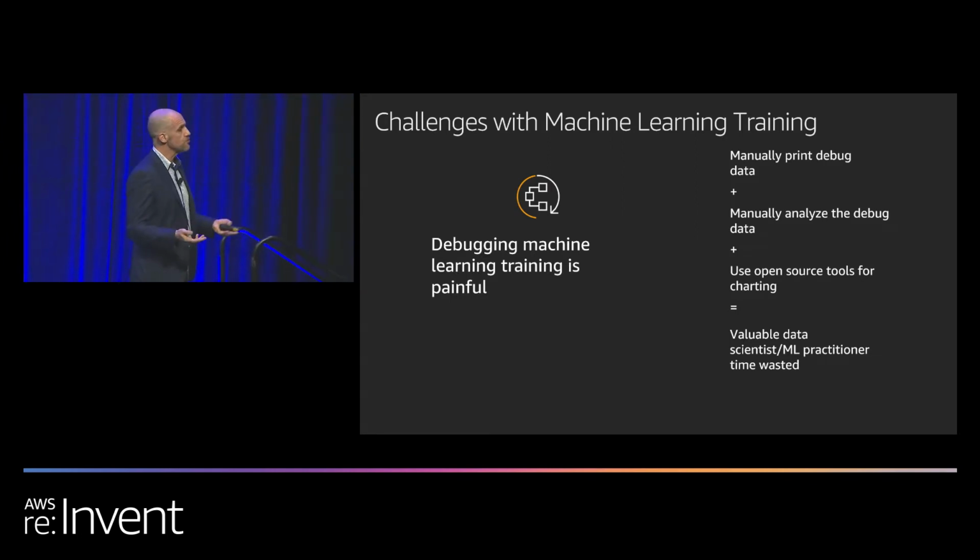You can use tools for charting and make this process work for maybe 1, 2 instances. But if you're trying to do this repeatedly and you have to look at graphs to understand why your training isn't working, this process isn't scalable, right?